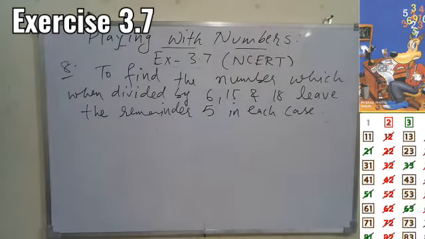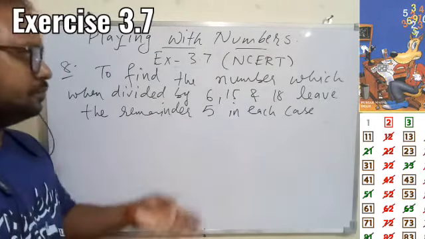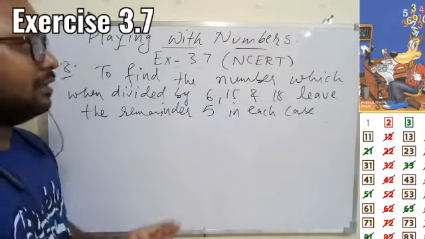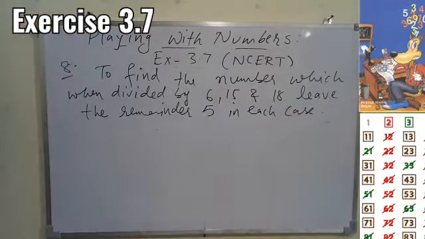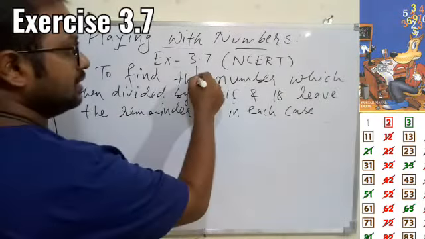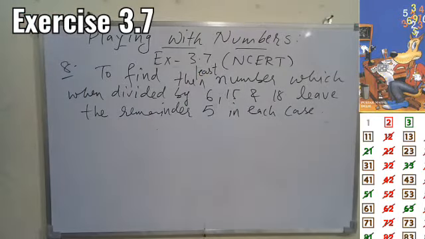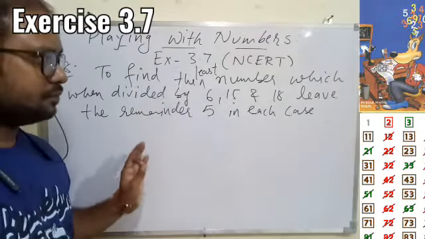So the question is, we have to find that particular number which, when divided by 6, 15 and 18, will leave the remainder 5, and that number should be the least one. So this is not just a number, it is the least number. Very first let's find out the least common multiple of 6, 15 and 18.